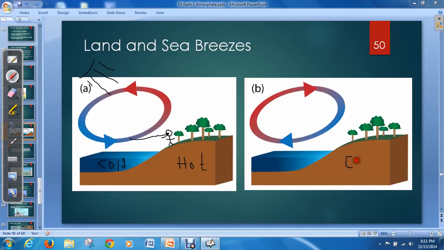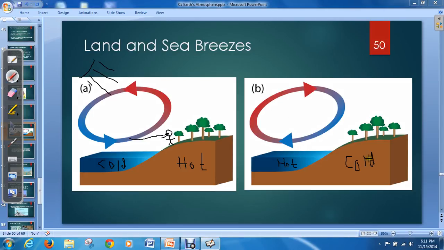Now the land is going to be cold, and the ocean is going to be hot, or relatively hot compared to the land, because the land can cool a lot quicker than the ocean can. You have the cold air over here and the hot air over here. The hot air is going to rise and the cold air is going to fill its place. As it goes over the land, it's going to cool down, and we get this convection cell again, but in the opposite direction.